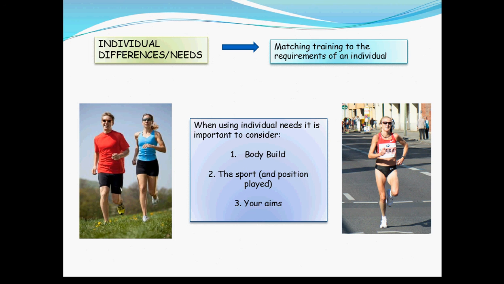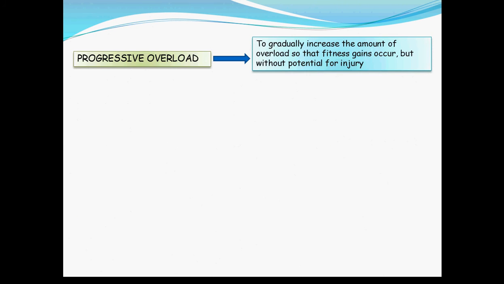Our next principle of training is individual differences and needs, and the definition is up there now: matching training to the requirements of an individual activity. So when planning any training program to improve performance, the individual needs of a performer need to be taken into account.